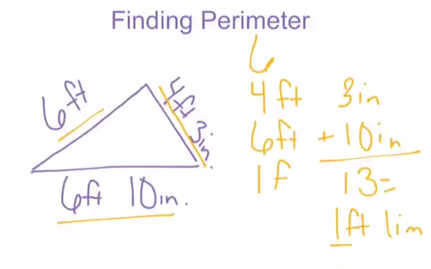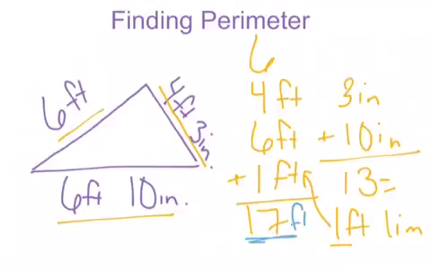That's coming from right there, just in case you didn't know where that was coming from. Then I'm going to add these up. 6 plus 4 is 10, plus 6 more, 16, plus 1 more, 17. So my answer for this is going to be 17 feet, 1 inch.